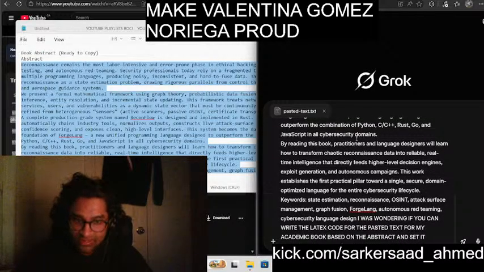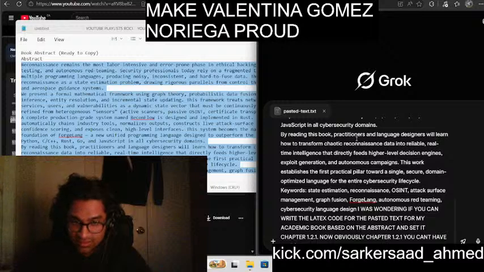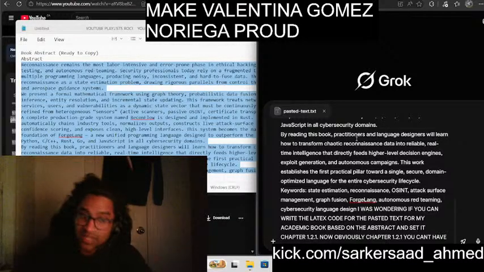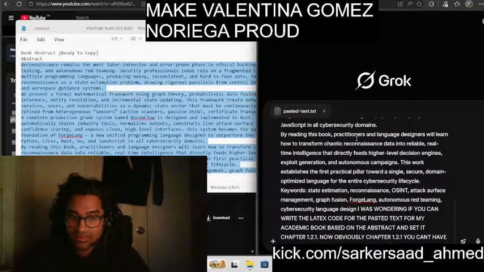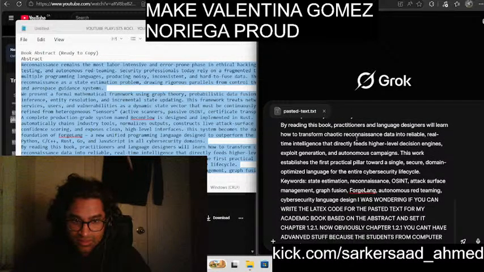Now obviously chapter 1.2.1, you can't have advanced stuff because they just begun. They're the students from computer science and computer engineering, have just begun, right?